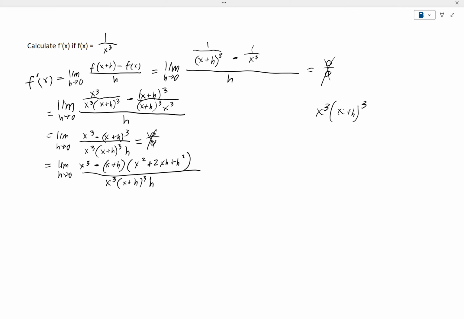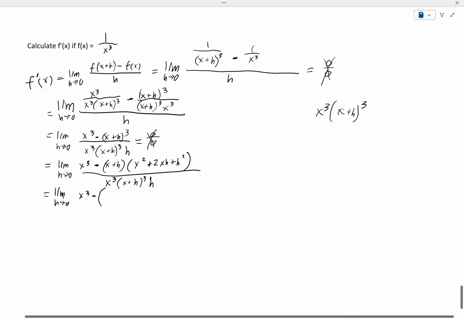And now I'm going to distribute this term to each of the three terms within the limit. So this is going to become x to the third minus, and this is all going to be inside parentheses, and then I'll distribute the negative as a step after this.